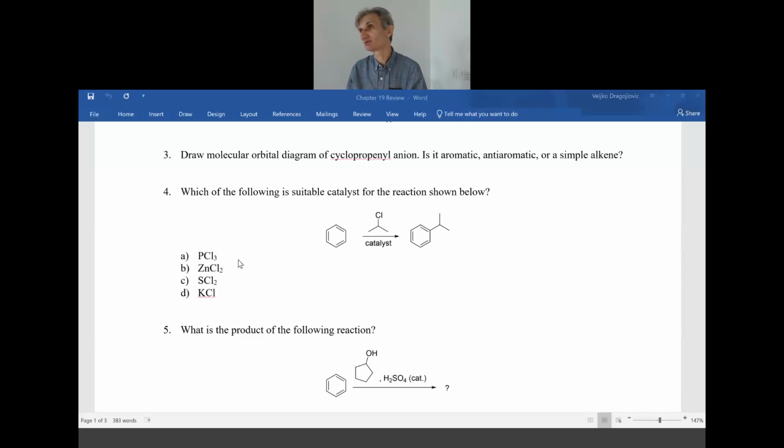Zinc chloride, that's actually a good, strong Lewis acid that would work in this case. So that's the correct answer. Sulfur dichloride is also not suitable. It's also a Lewis base. And potassium chloride is not a Lewis acid because potassium has no tendency to accept an electron pair. So the correct answer is B. Simply, you have to be able to identify a Lewis acid.